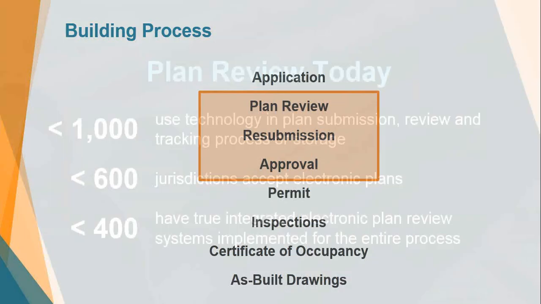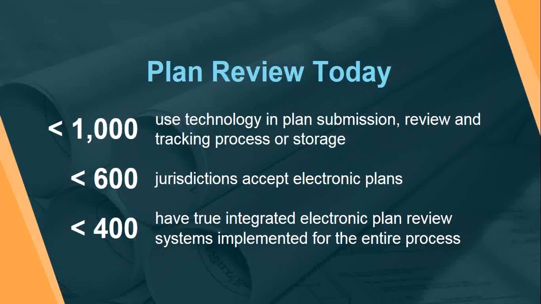So just to give a little bit of background, it's estimated that of the 40,000 U.S. state and local jurisdictions that enforce building codes and standards, just over 5 use technology in codes administration and enforcement processing, or building plan review processes for that matter.